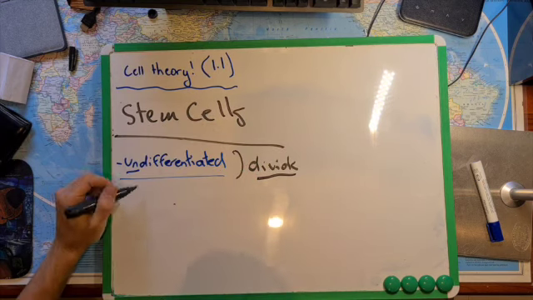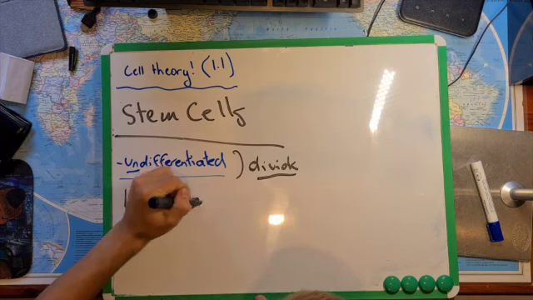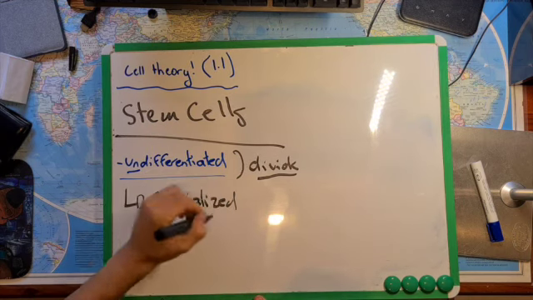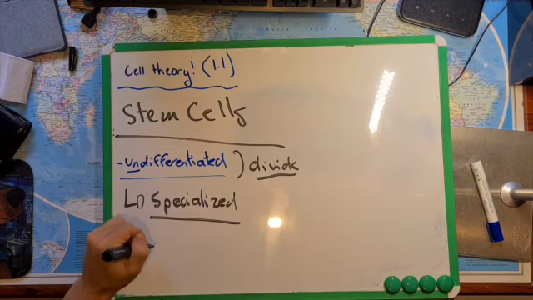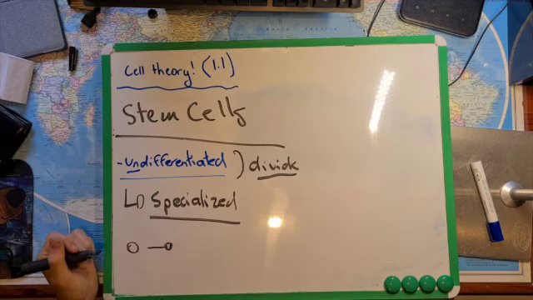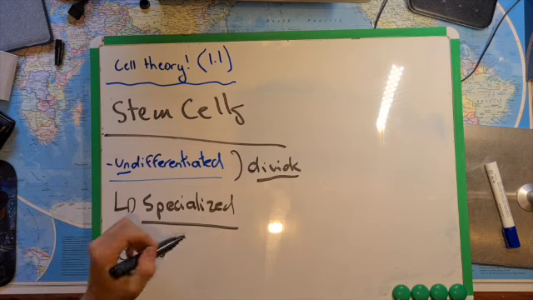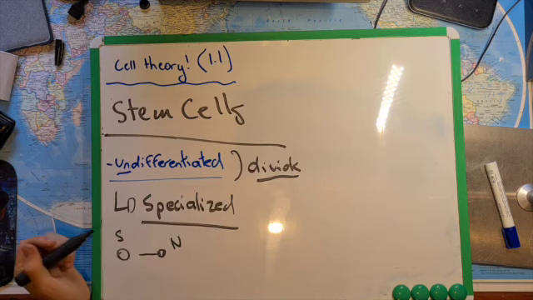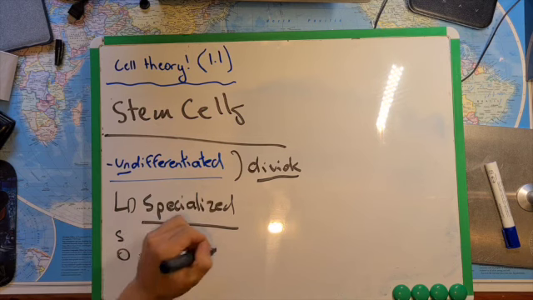Most notably, they can divide to form a specialized cell, meaning that if I have a stem cell, it can develop into any human bodily cell. So this stem cell could turn into a nerve cell, which I'll denote with an N, skin cell, etc. This is what makes stem cells so valuable in essence.